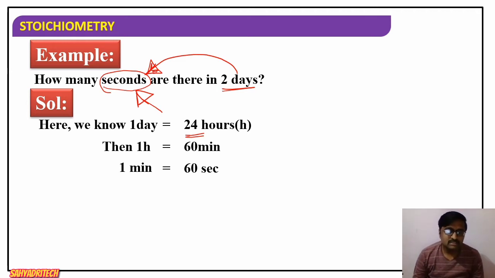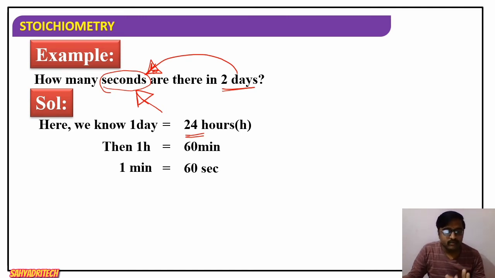That conversion is done with the help of dimensional analysis, or in other words, this conversion itself is a dimensional analysis. I have considered here days into seconds, but we can convert anything, whatever the units. The conversion of a unit from one system of measurement to another is called dimensional analysis.